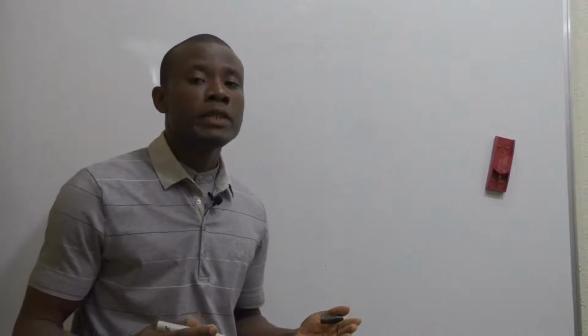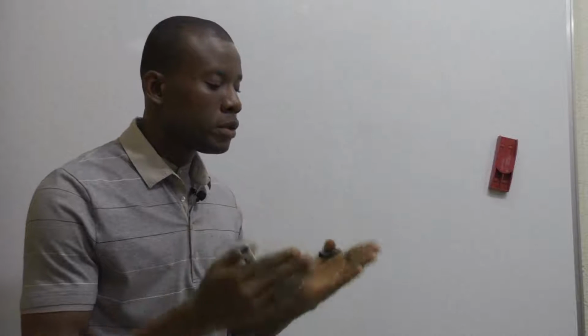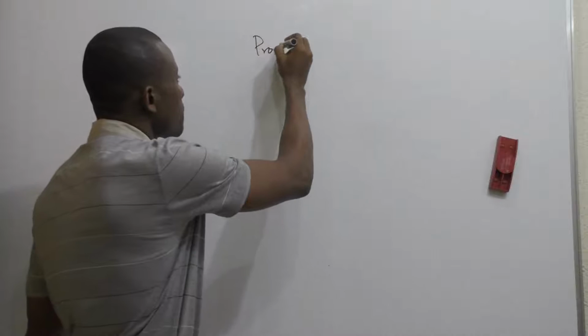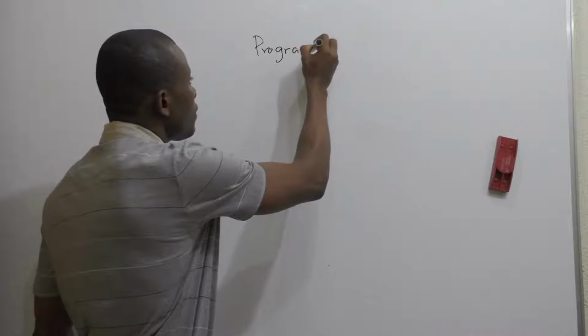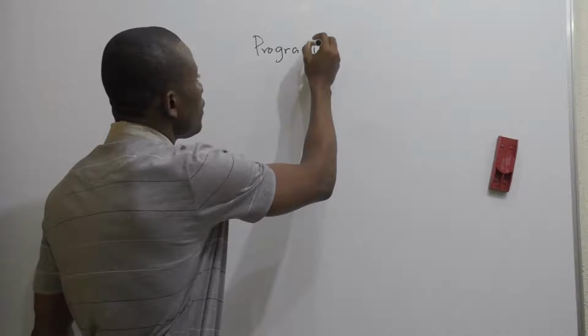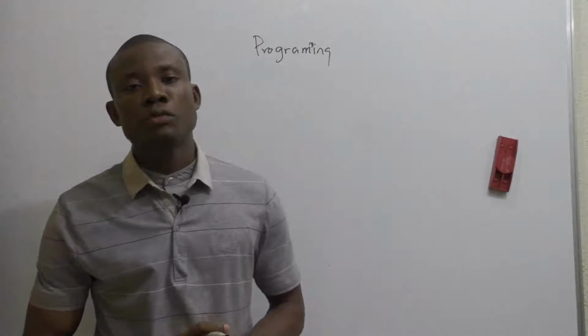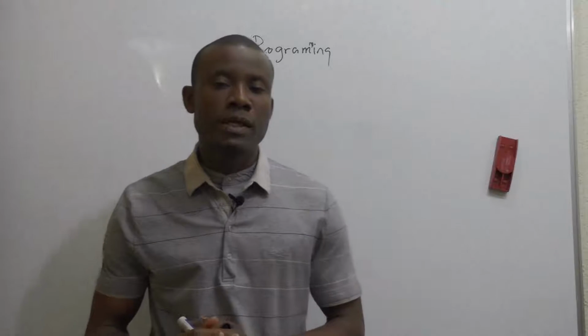A computer programmer is somebody that writes a program for the computer, somebody that teaches the computer how to do things. So, programming. Writing computer programs, and the next logical question will be, what are computer programs?